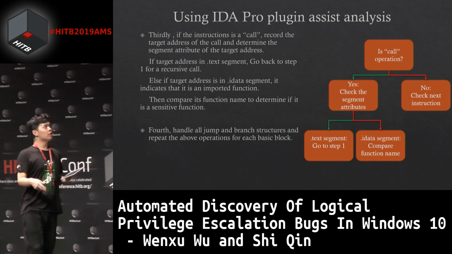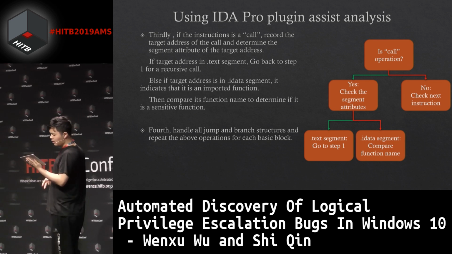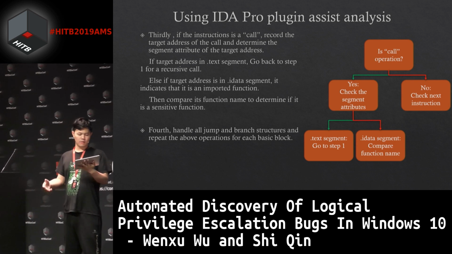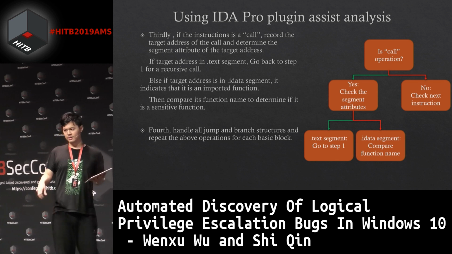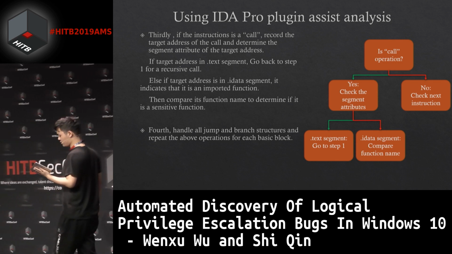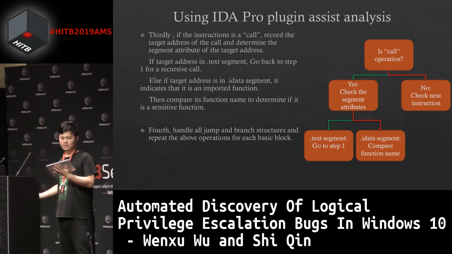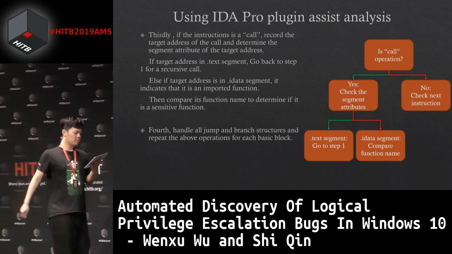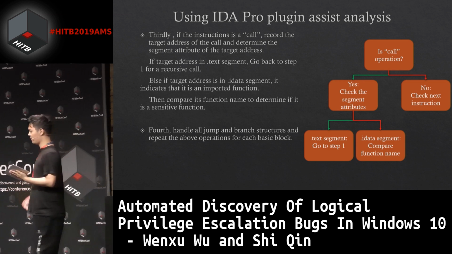So following the rules on the right side, we could find all of the above operations and find the target functions with these plugins. If a target address is in the task segment, then we go back to step 1 to retry this.